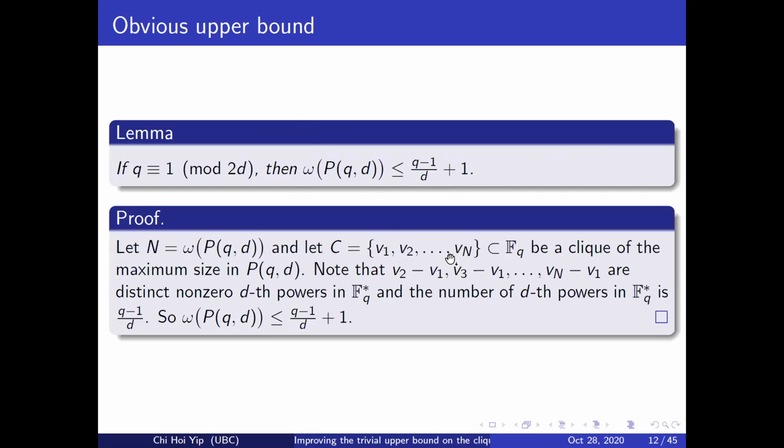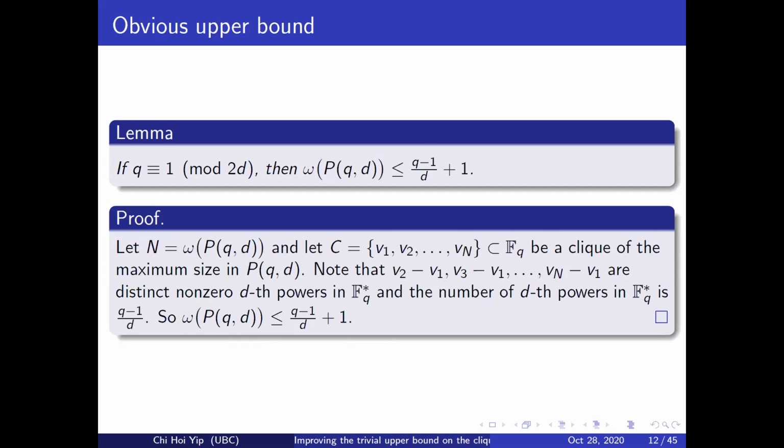Then by the definition of the generalized Paley graphs, v_2 minus v_1, v_3 minus v_1, up to v_n minus v_1 are all distinct and they are all D-th powers in F_q star. Because the number of these powers in F_q star is exactly (q-1)/D, it follows that the upper bound of the clique number is (q-1)/D plus 1. Okay, so this is the obvious upper bound.